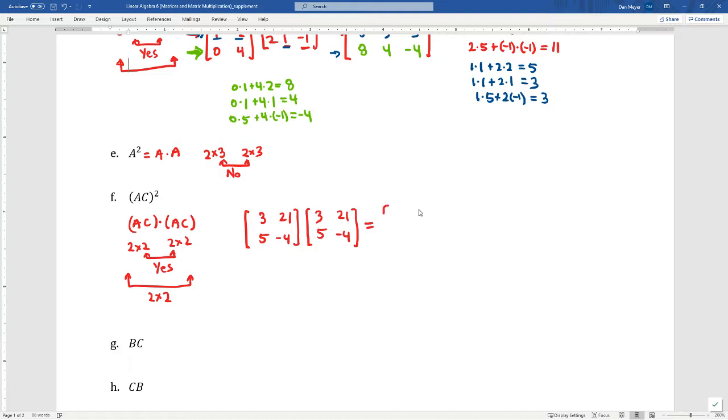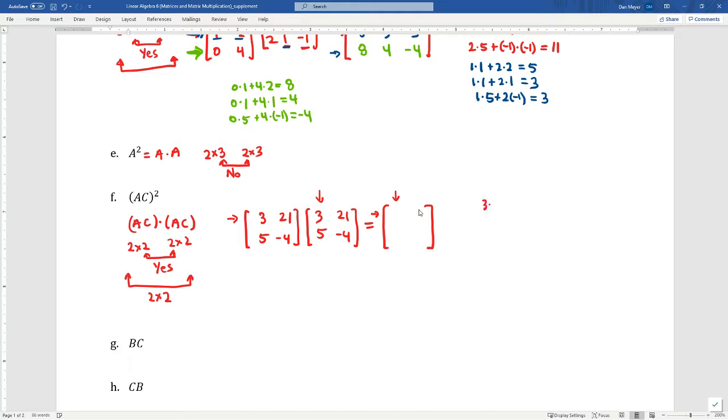And the result is going to be a 2 by 2 matrix. I'm just going to go ahead and leave the dots out so I don't have to keep erasing them. But our first entry would be in the first row, first column. In order to compute that, I'll take the first row of AC times the first column of AC.